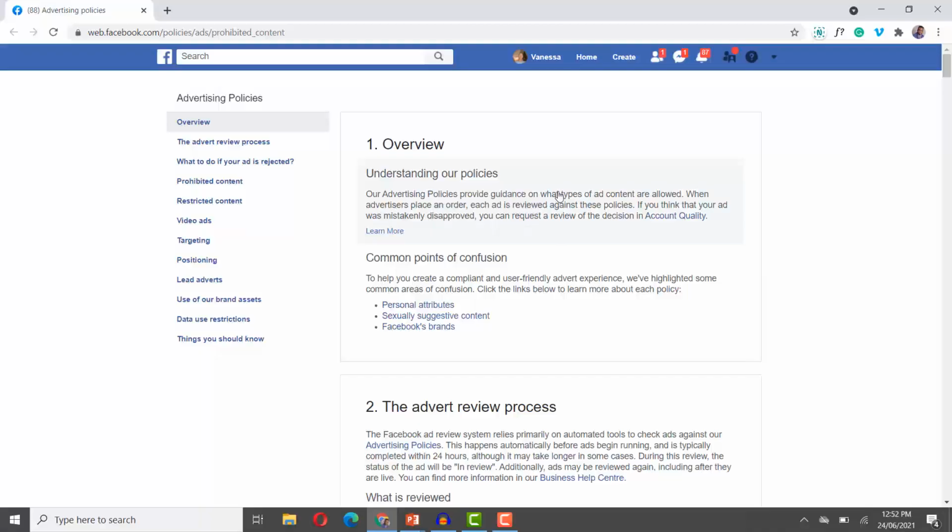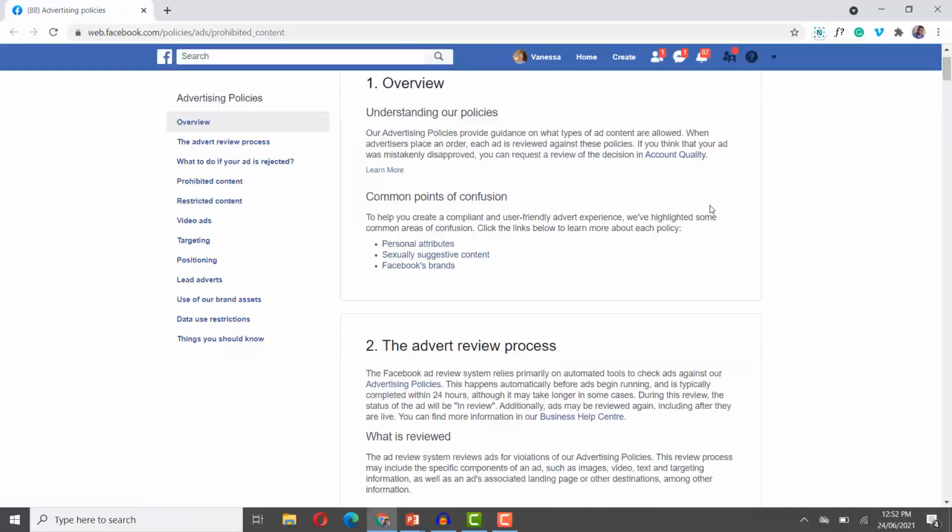Now, Facebook says our advertising policies provide guidance on what type of ad content is allowed. When advertisers place an order, each ad is reviewed against these policies. If you think that your ad was mistakenly disapproved, you can request a review of the decision in ad quality. So that's the link. If you think an ad was disapproved, you can appeal, saying this ad should have been approved.